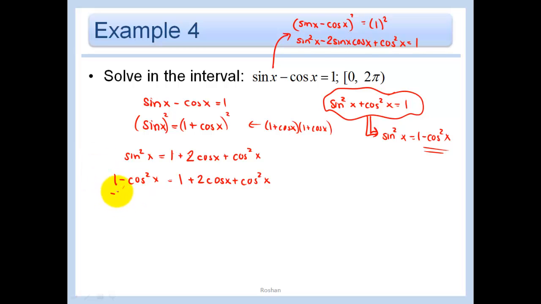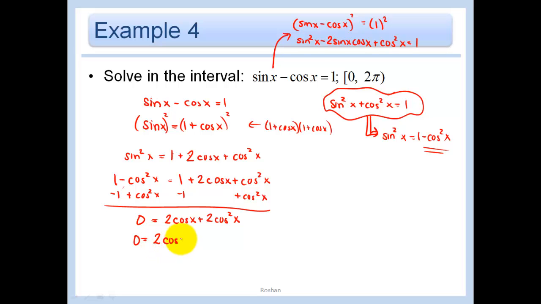Now I'm just going to subtract 1 from both sides, and I'll add the cosine squared at the same time. And so I get 0 equals, that cancels out, 2 cosine x plus 2 cosine squared x. And now I realize that I could factor out that 2 cosine x that's in common in both of these.